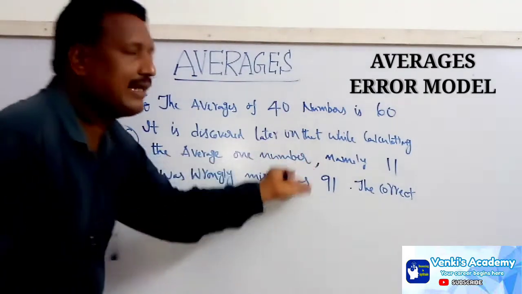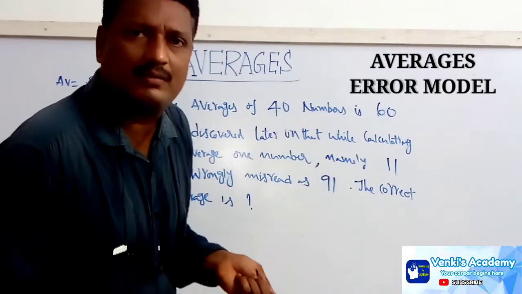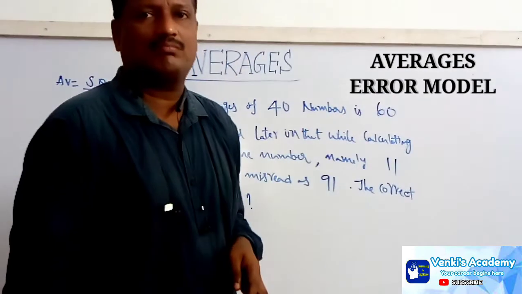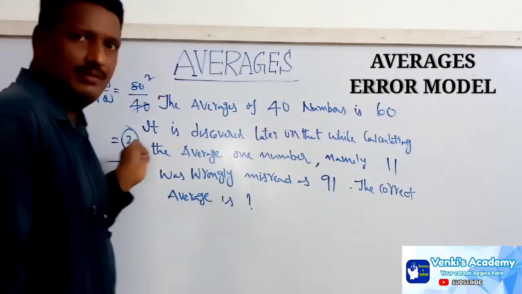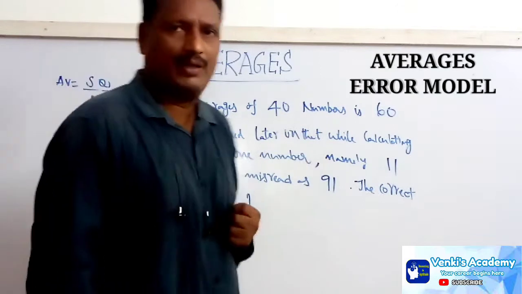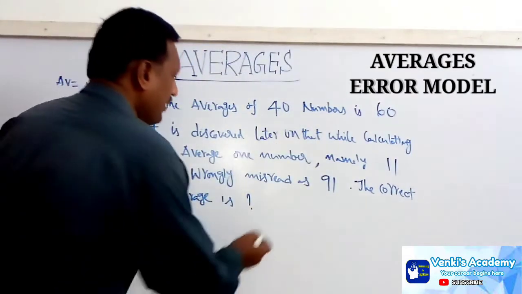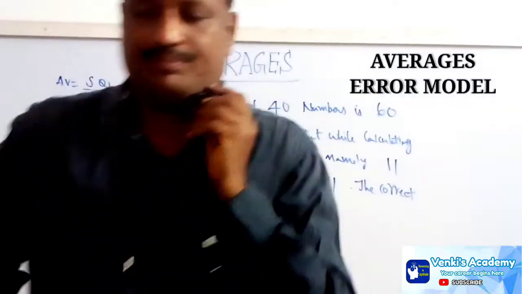Now here we have taken excess value, so if you want to find the correct average, we have to subtract from this average. That means this 2 is the average. We have to subtract from 60 only. We can get the correct average. So 60 minus 2 means 58. So this 58 is the correct average.